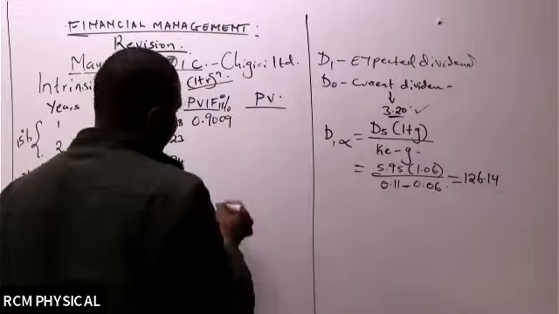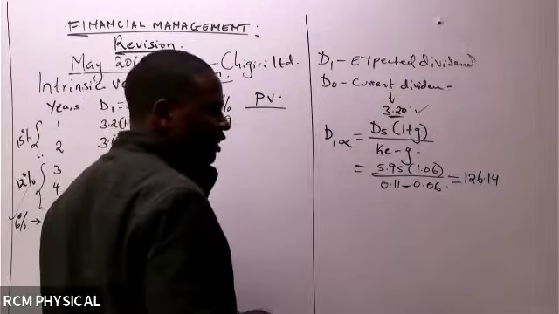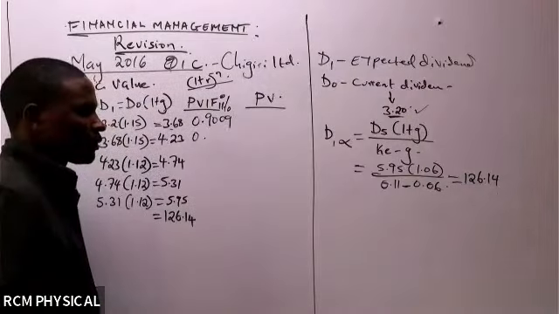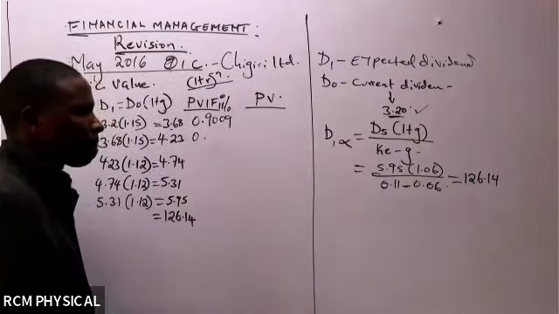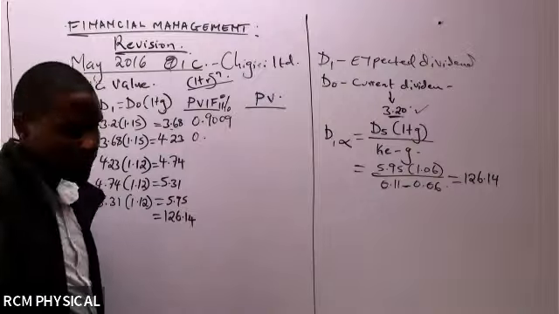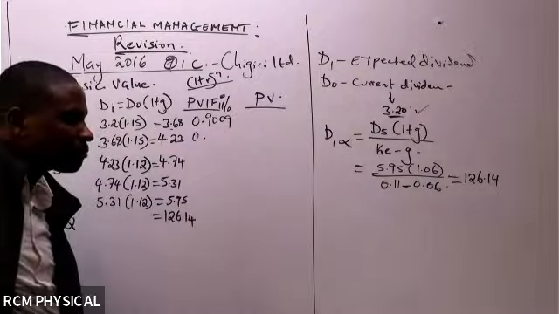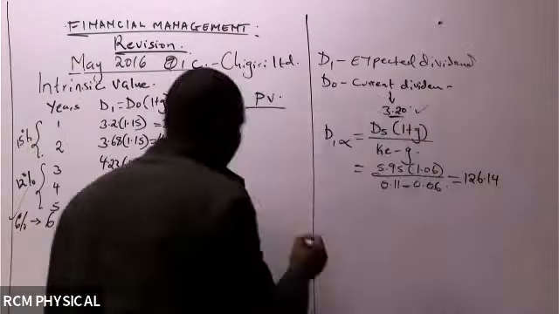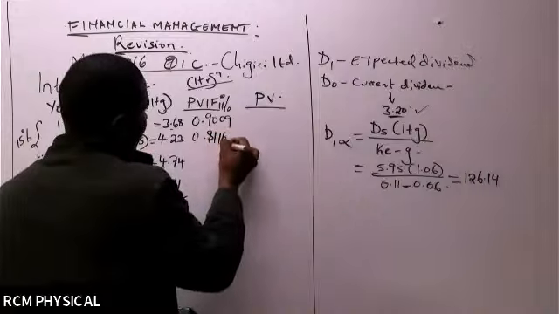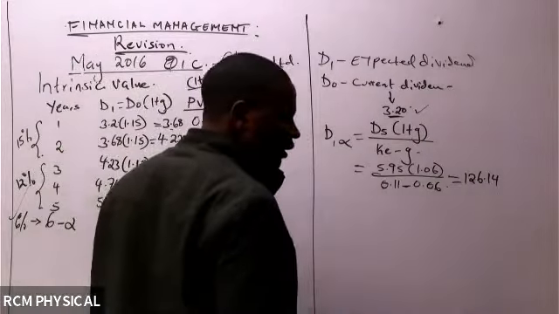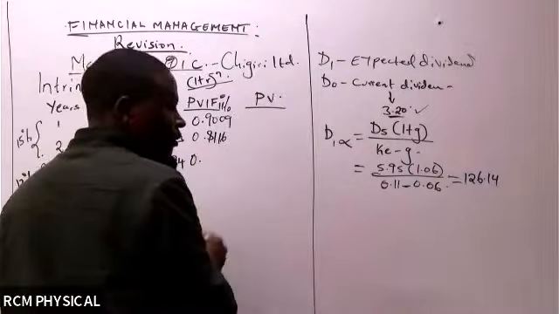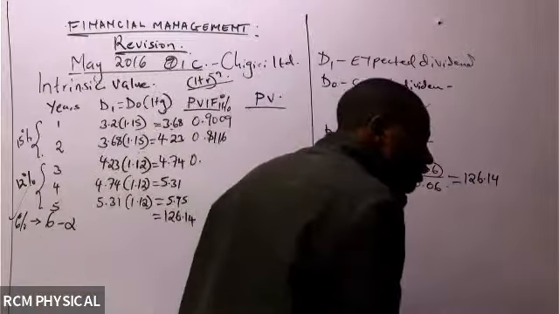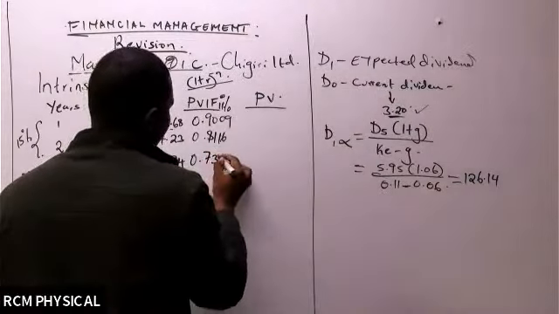The second one, class? 0.8116. The third one, 0.7312.